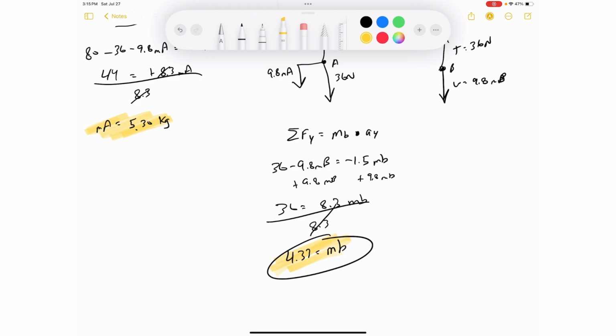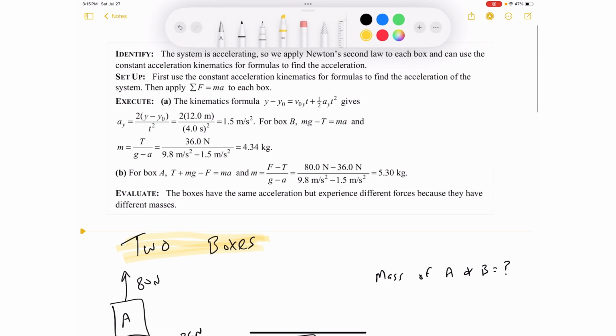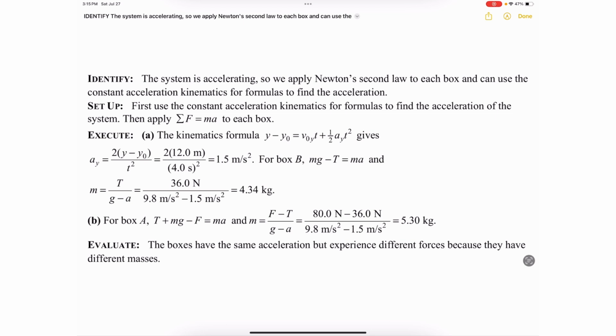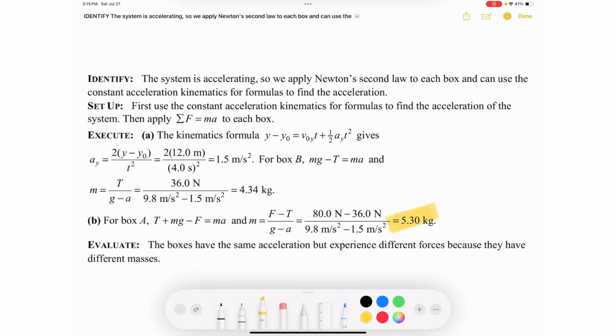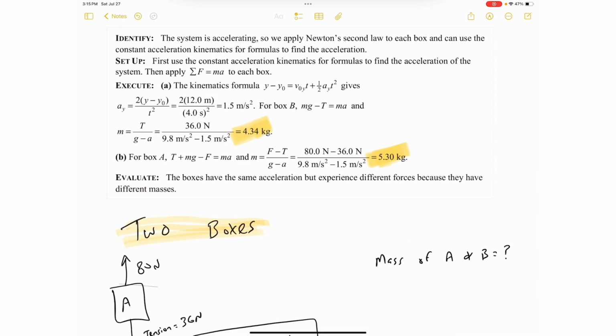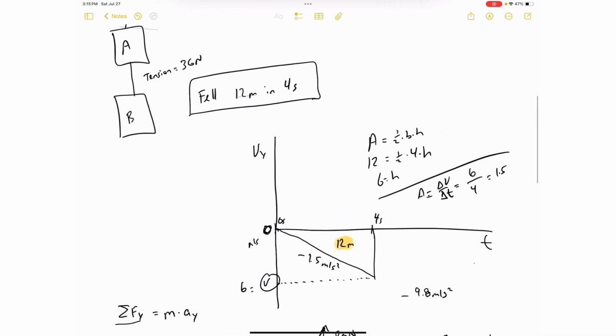5.30, 4.33. And so if you look right here, 5.30, 4.33, 4.34. Okay, so you can see we got the same answer, but we didn't have to use any kinematics formulas. We just sort of used this graph. Like I said, I tend to like these velocity versus time, acceleration versus time, position versus time graphs.